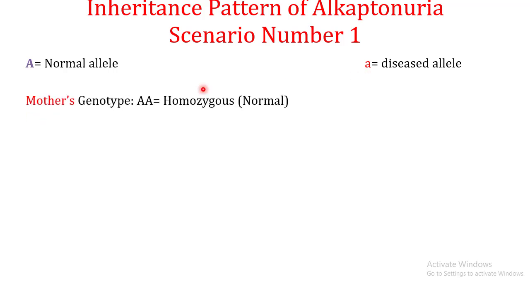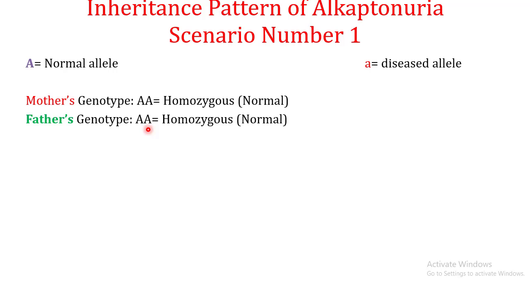Say, for example, the mother's genotype is capital A, capital A. What I mean by that is that the mother is homozygous normal, both copies of the allele are normal. If you talk about the father's genotype, similar to the mother's genotype, he is homozygous normal. Both copies of the alleles that the father is carrying are normal alleles.